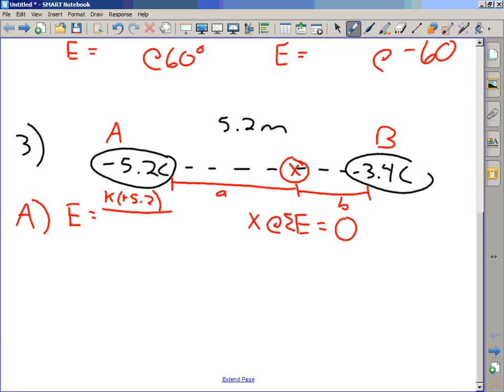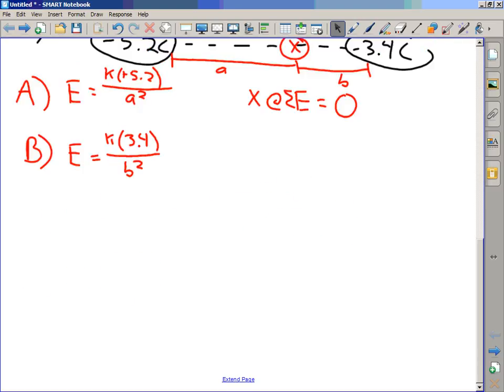I'm going to direction myself, over little a, the distance to that point squared, right? And for B, it's going to be E equals K 3.4 over little b squared. Okay?